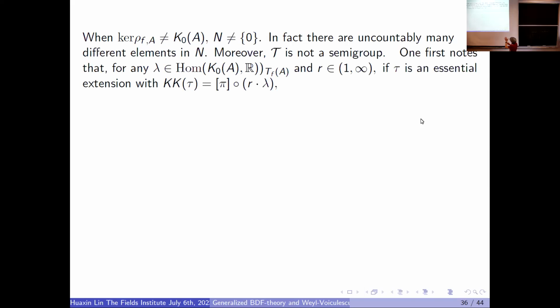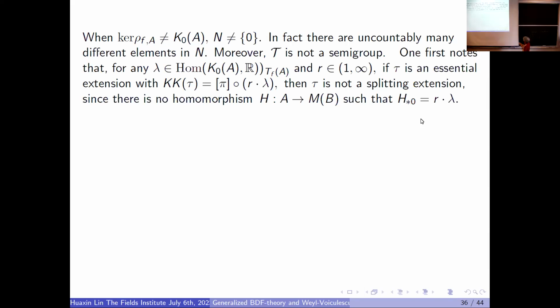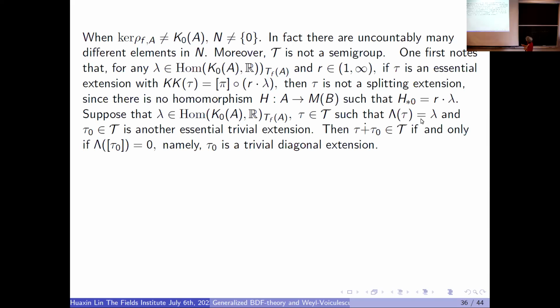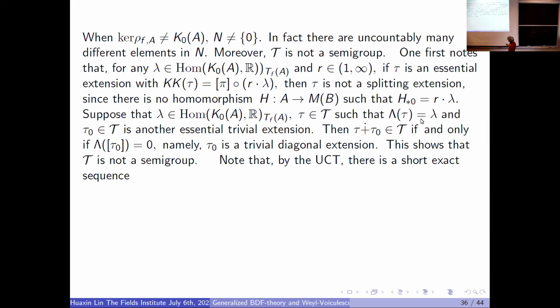For example, if you have a KK element that looks like this, then tau is not splitting because I is too big. And there is no homomorphism on the upper level that can be induced by lambda if I is too big. So this just shows you that in general it's not a semigroup.